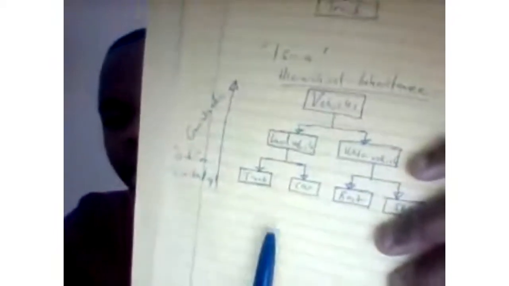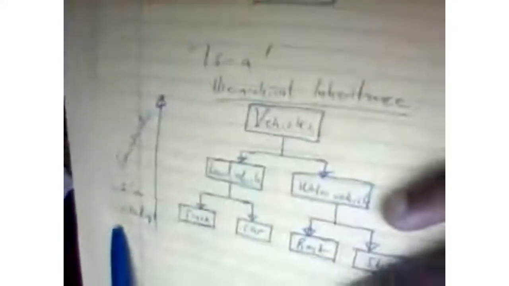Now this is how generalization looks like. Can you see the arrow here? This arrow points from down going up. This is how to show generalization. Generalization is a way of saying that child classes inherit from parents, and these parents are also child classes of other parents. So generalization describes an is-a relationship. As you can see, I've written here is-a relationship.